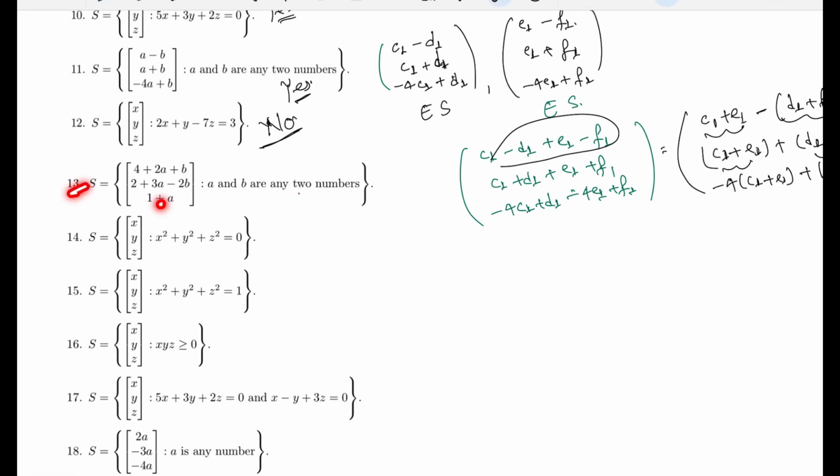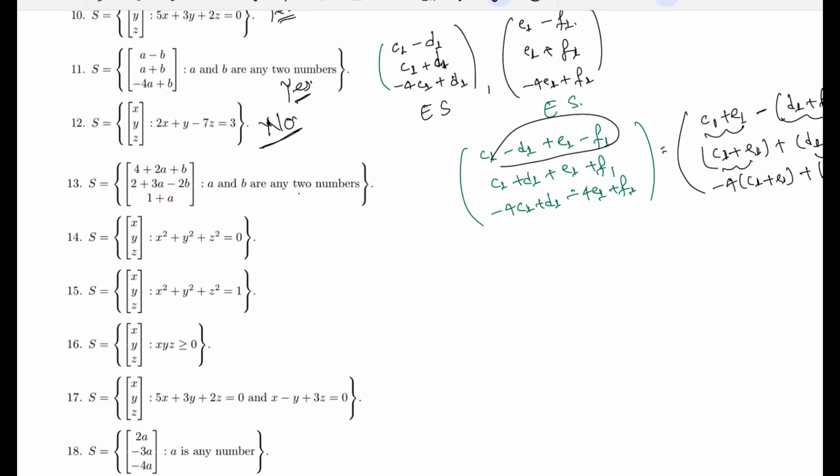Question number 13, we have just these vectors with these components, and a and b are any two numbers. So a and b could be any two numbers. So this will also not be a subspace because a 0 vector will not be there. Try to do that.